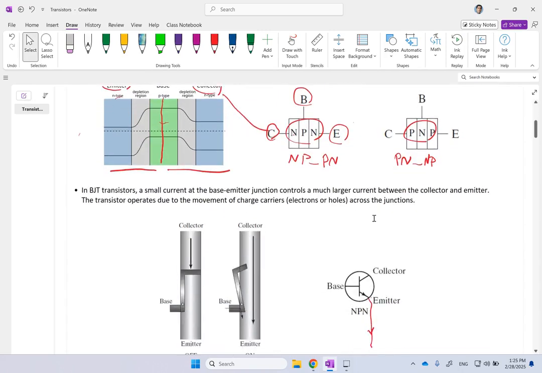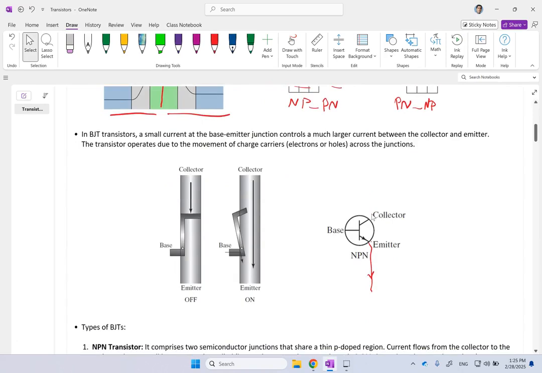If we want to learn about that, we can look at this analogy with a mechanical fluid system. Here you can see these pipes, and there is this L-shaped valve. The position of this L-shaped valve is controlled by the push from this base.